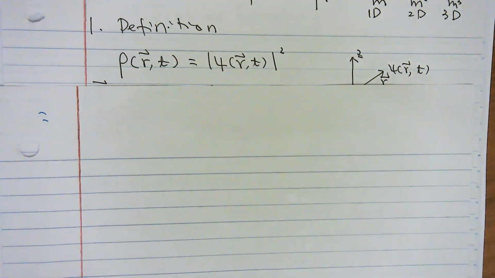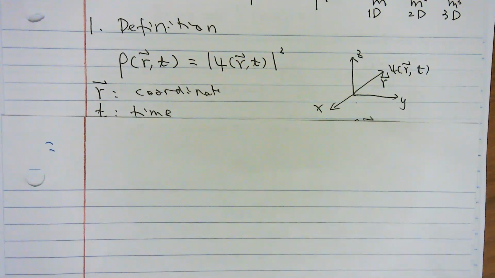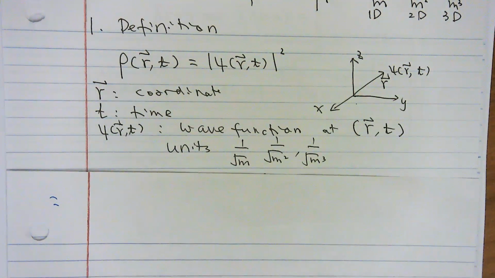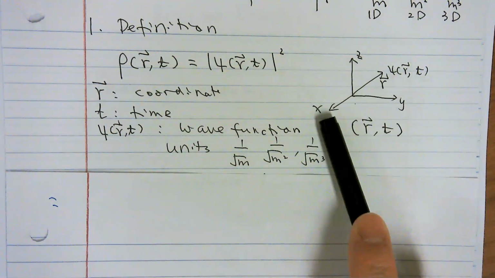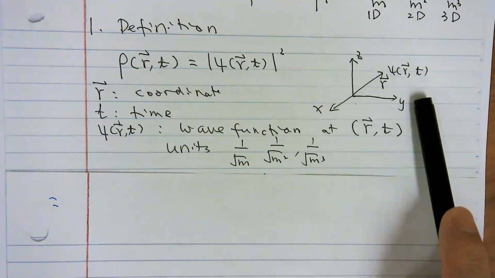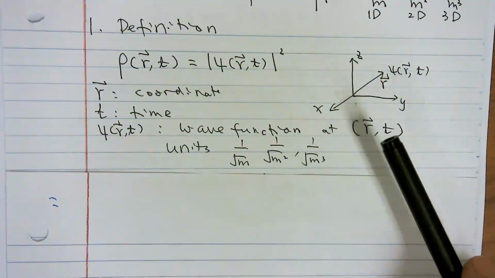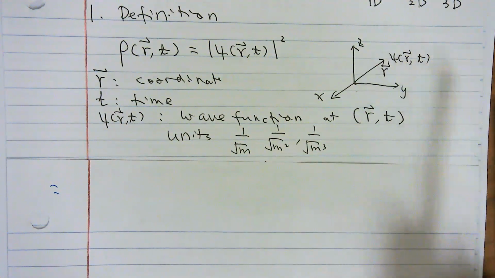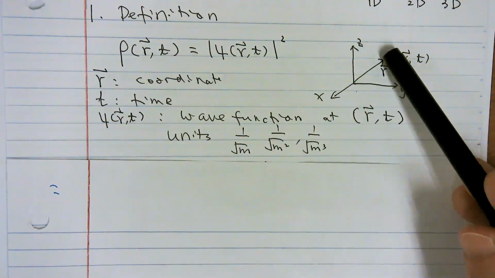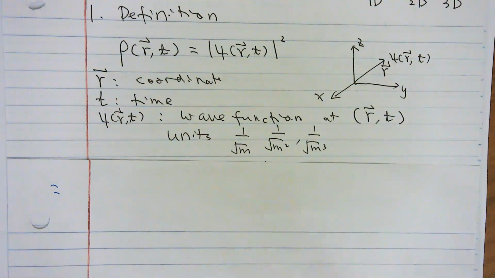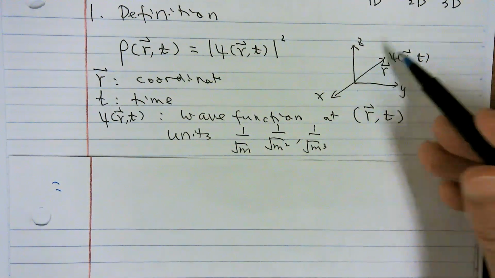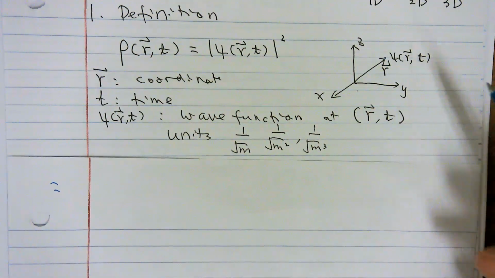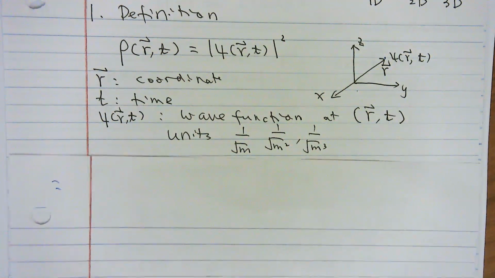T is the time. The coordinate system I want to show you is the following. Here is my x-axis, here is my y-axis, and here is my z-axis. Now, if you are interested in a point, let's say at location R, then at this particular point I have a wave function, which tells how large the wave function is.